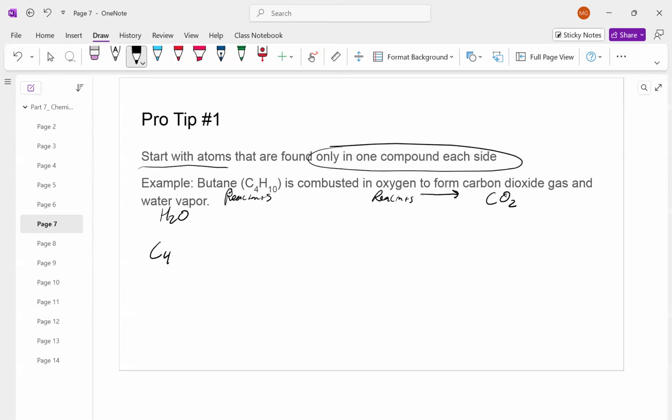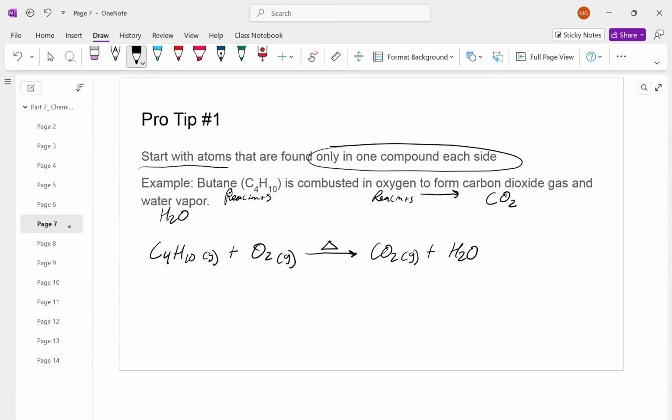So let's put all this down. C4H10 and O2. We're going to heat it up to produce carbon dioxide gas and H2O.